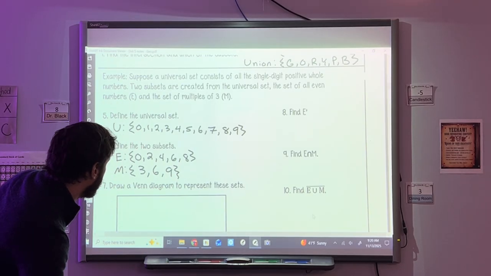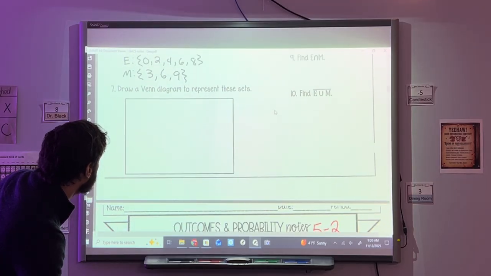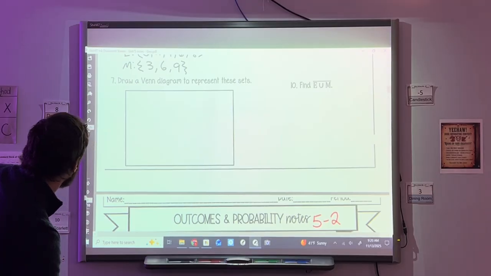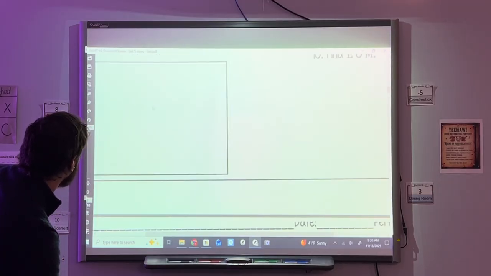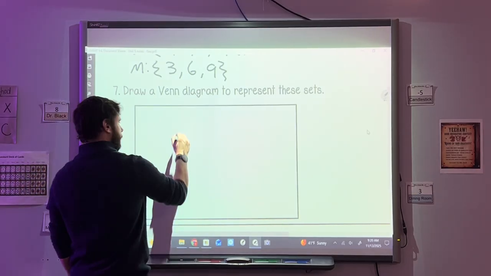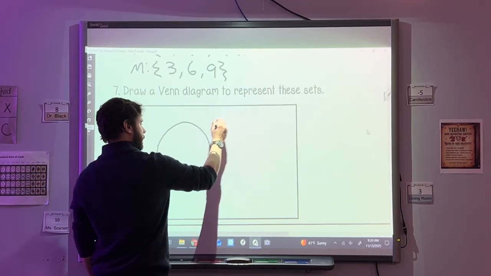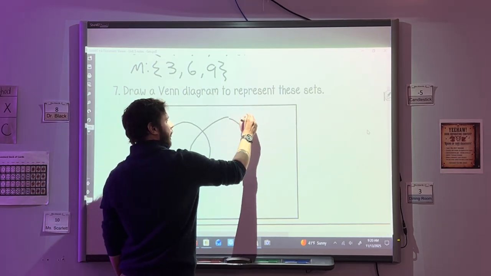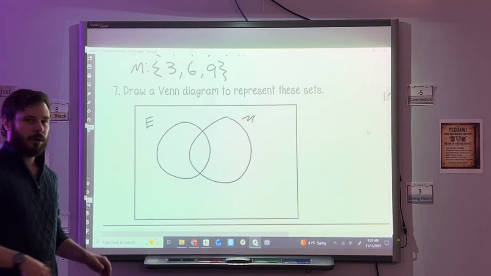Let's draw a Venn diagram to represent these sets. Okay, zoom, make it bigger. So I had evens over here, and I had multiples of 3 over here.